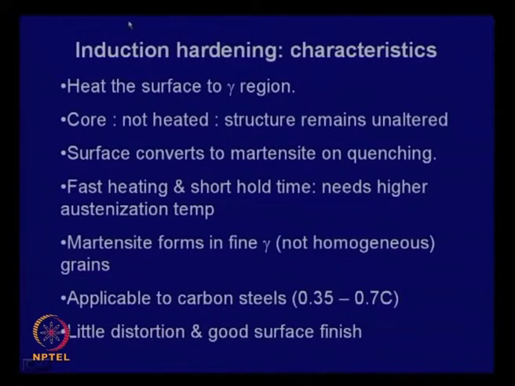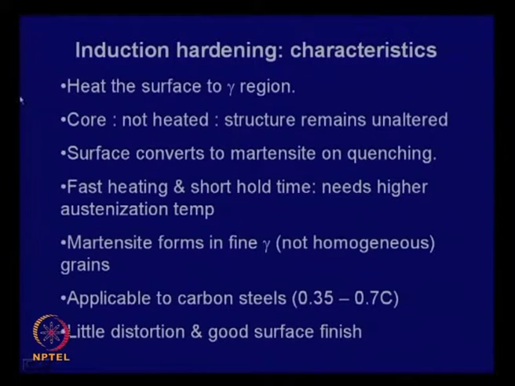Now, one such heat treatment process is induction hardening, and in induction hardening what you do is you heat the surface, that is local heating. Apart from this, there may be a few other methods of local heating, but let us concentrate on induction hardening.